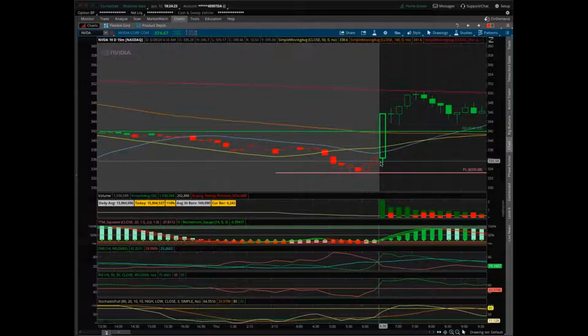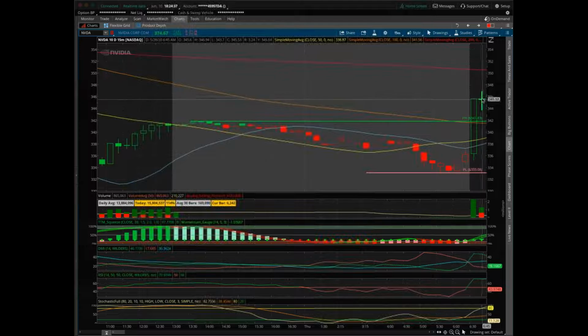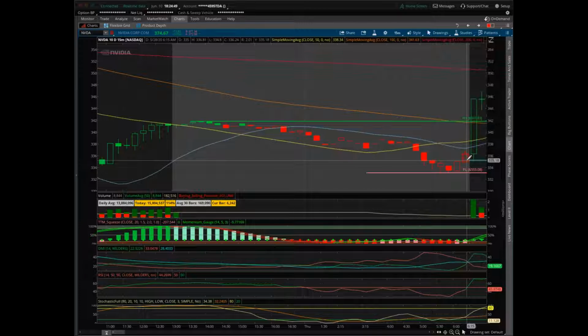The first candle was a huge candle, and the second candle made a higher high. So right after this candle has formed and made that new high and closed, we establish our first candle as our day's low.